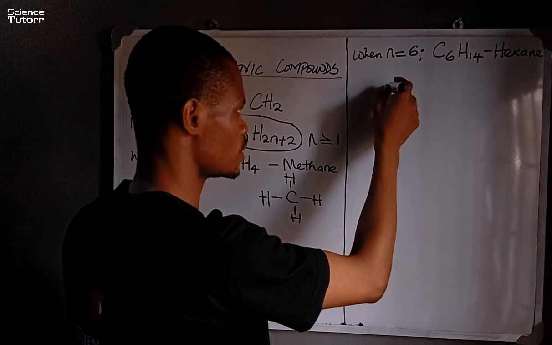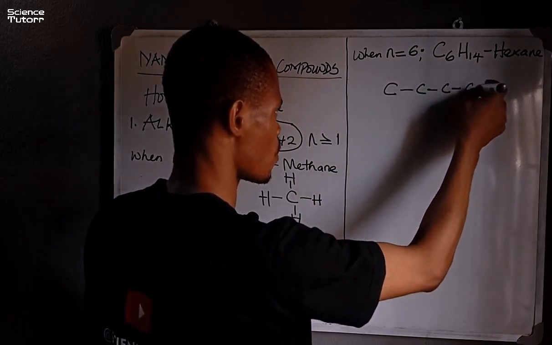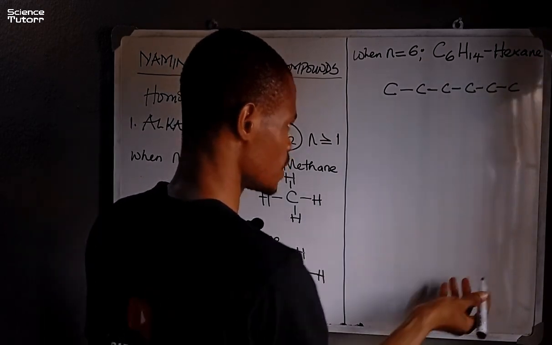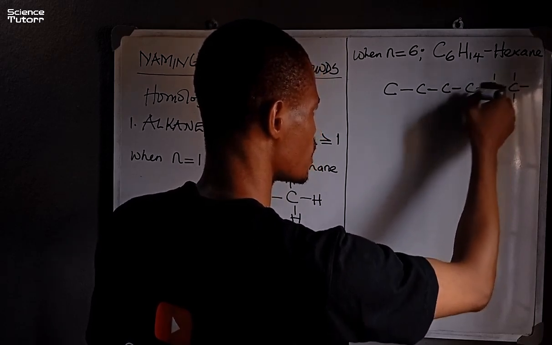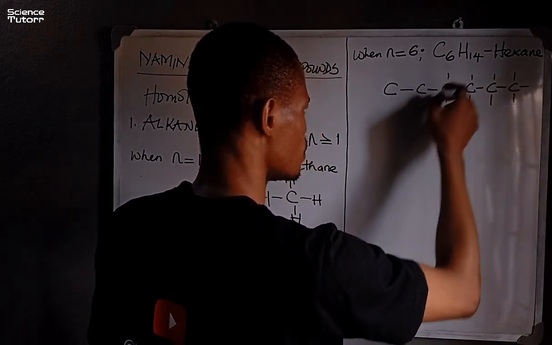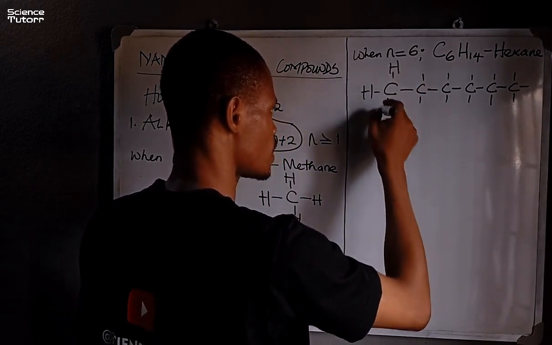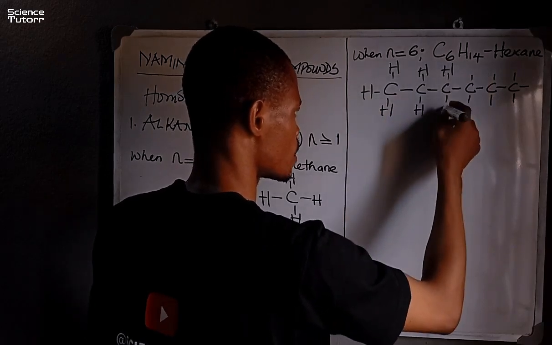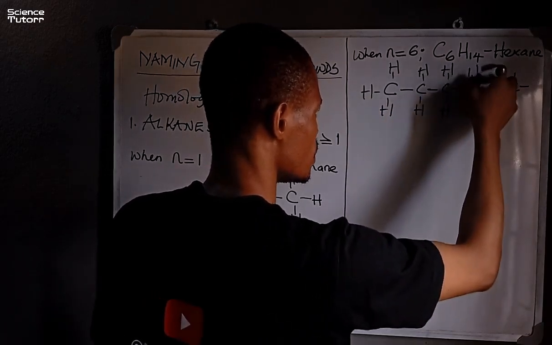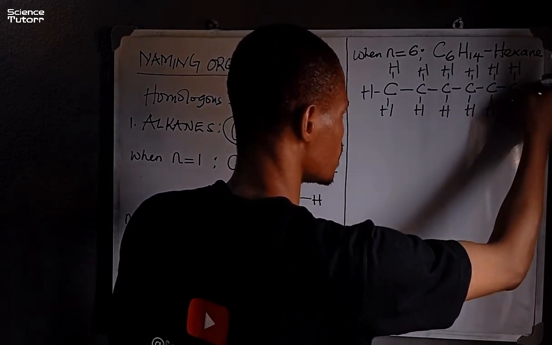The structure of hexane goes like this: 1, 2, 3, 4, 5, 6, 6 carbon atoms, each of which is bonded to hydrogen atoms, with hydrogen attached to all of the carbons.